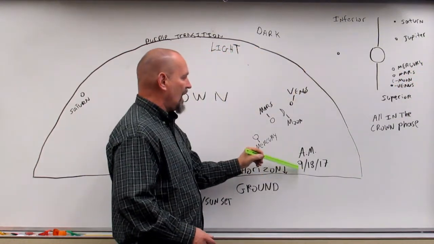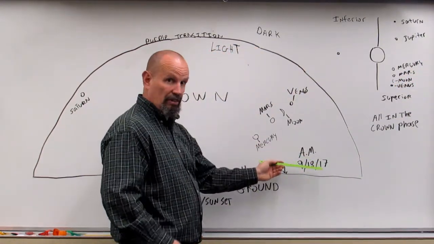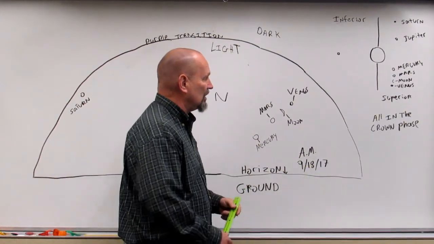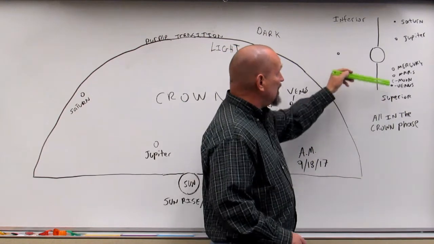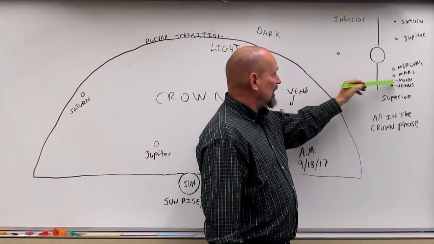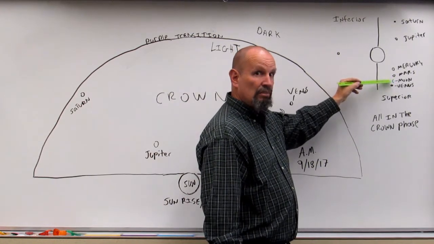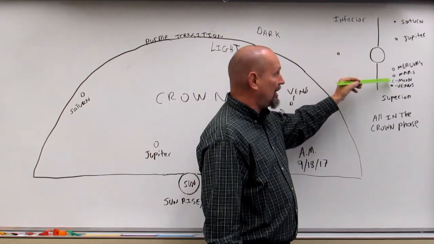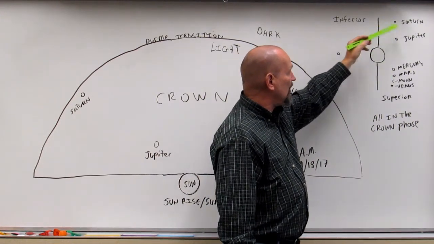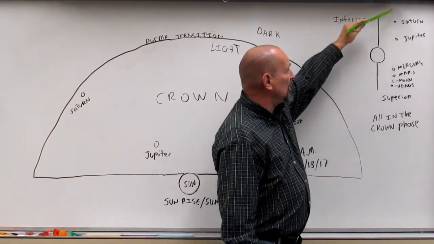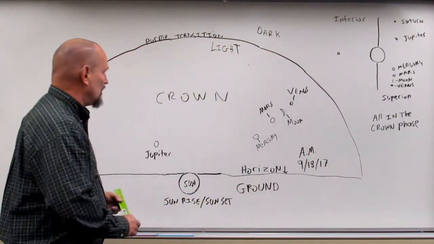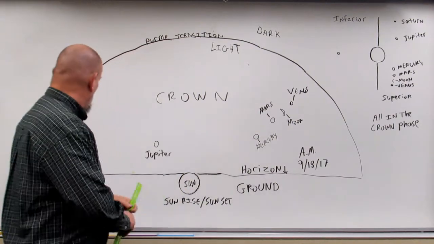On this day, 9/18/17, which is going to be very important when we get to our next video, all of these planets and the moon, Venus, the last crescent of the moon, which is the last part of the crown phase of the moon, Mars and Mercury and Jupiter and Saturn are not only in their crown phases, they are also seen either in the morning or in the evening.